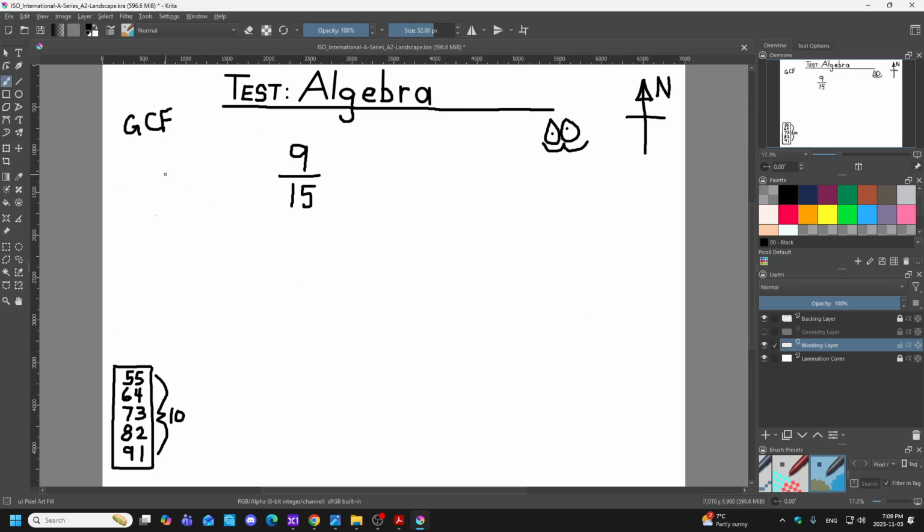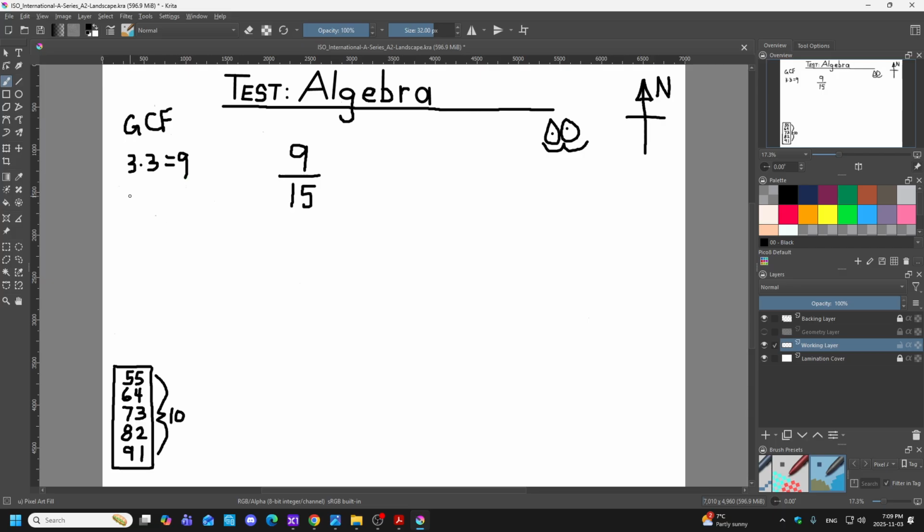You want to find the largest common number that divides into your numerator and also into your denominator. It has to be a common number. Knowing your multiplication table, we know that 3 times 3 equals 9.